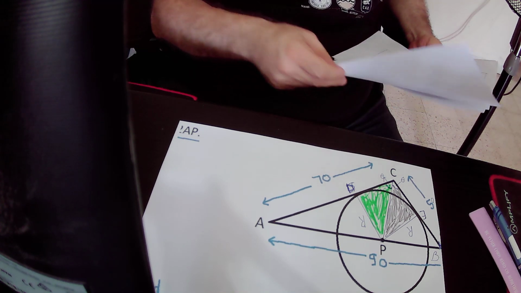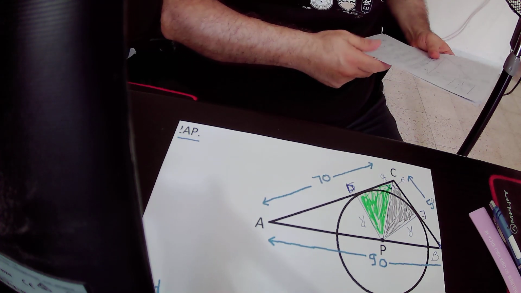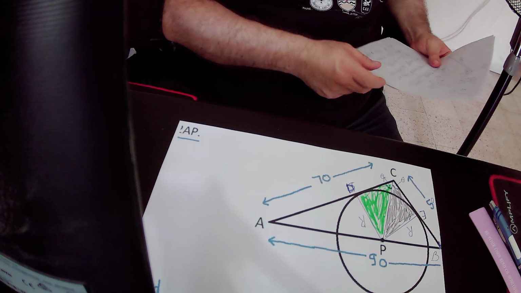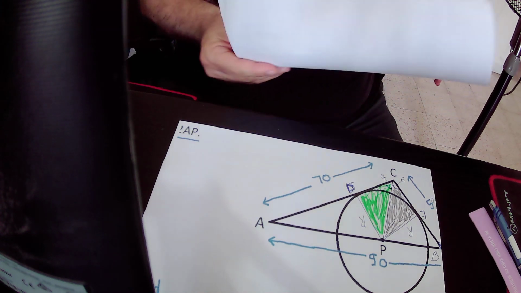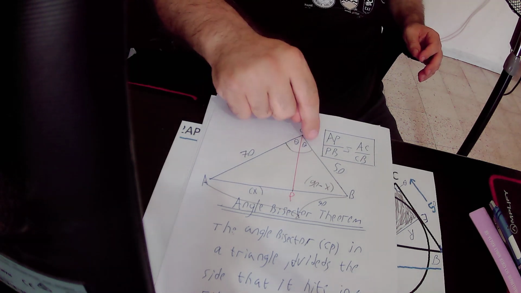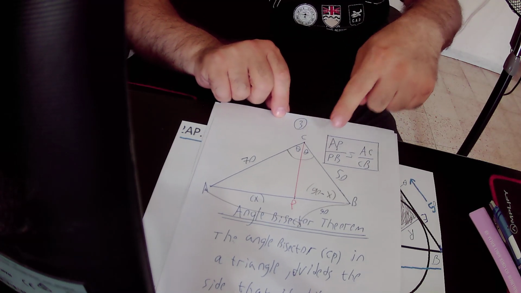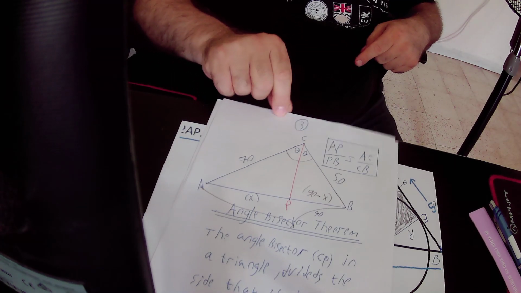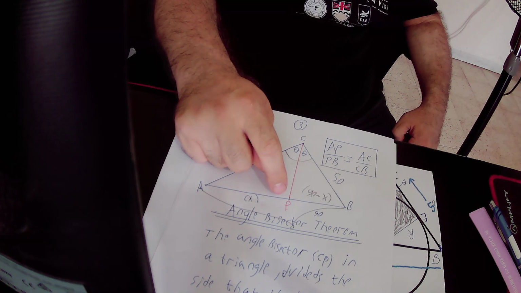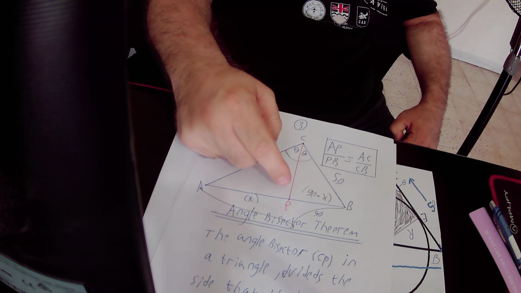So actually we drew triangle ABC again with those two angles that are equal to each other. So we have a line PC that is an angle bisector.